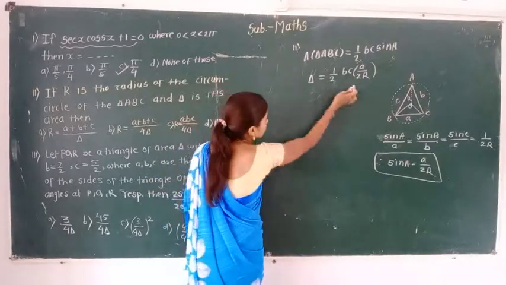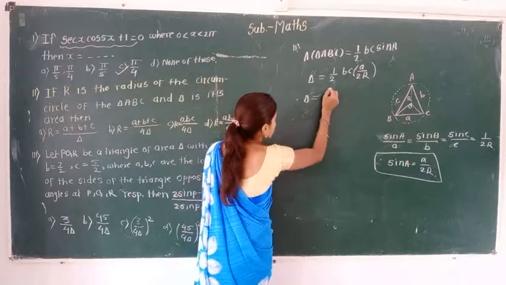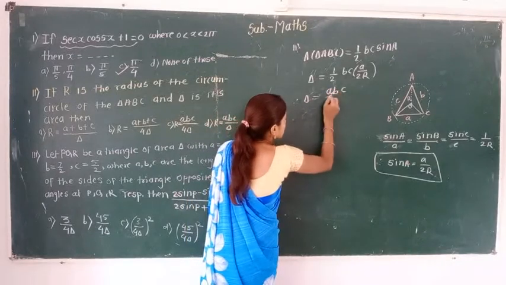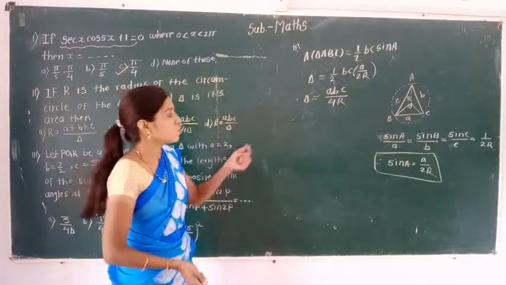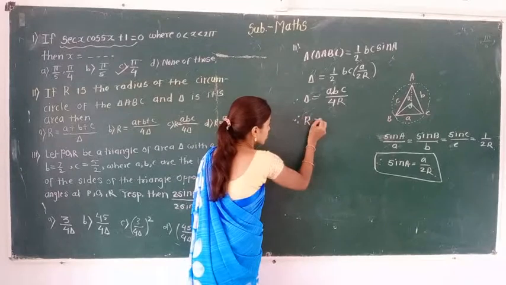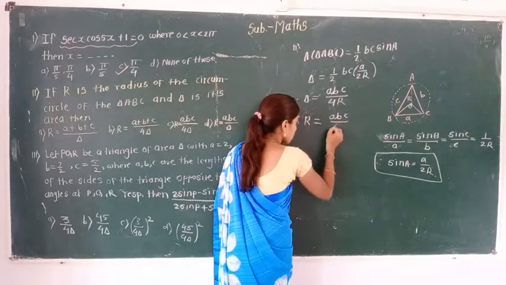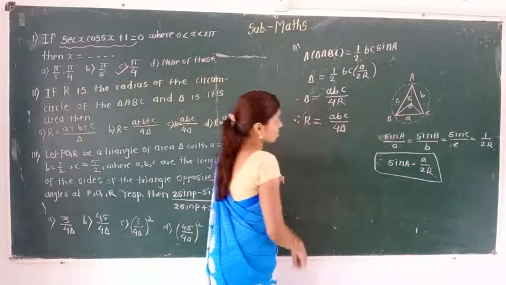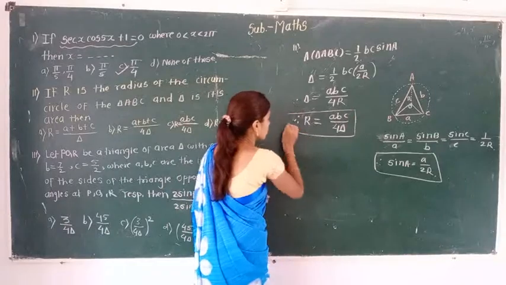First simplify the right hand side: delta is equal to abc divided by 4R. But we want the value of R, so R is equal to abc divided by 4 times delta. Now it is the correct answer.